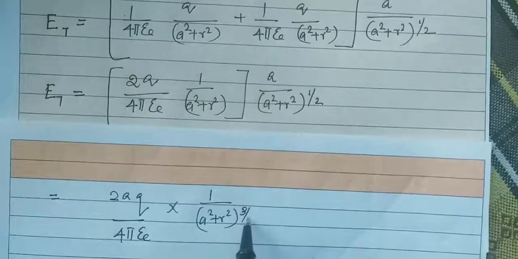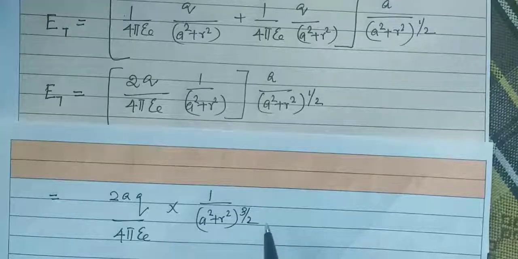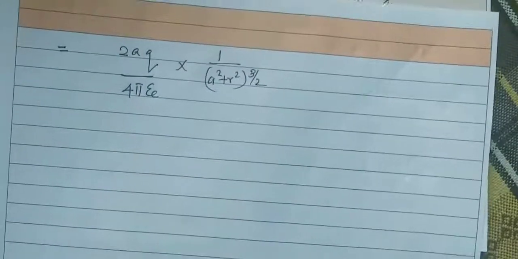A is already taken, so I do not want to write it, into the whole raised to 3 by 2. The 3 by 2 comes because the power of a square plus r square is 1 and 1 by 2. So 1 plus 1 by 2 is equal to 3 by 2, like a raised to m into a raised to n is equal to a raised to m plus n.